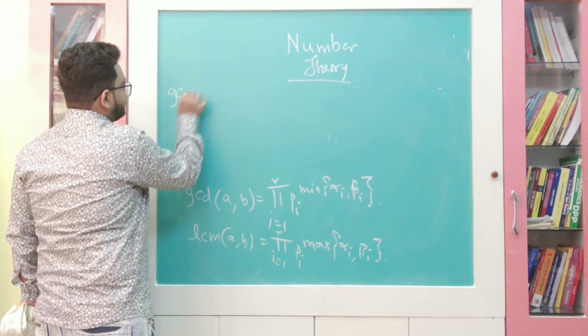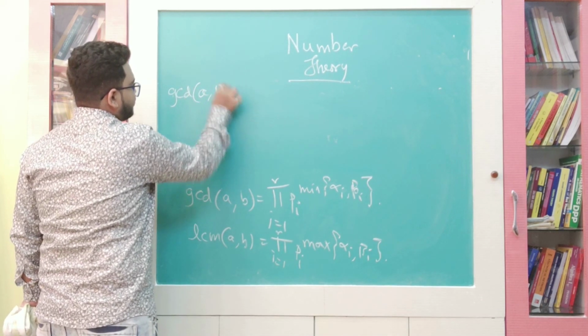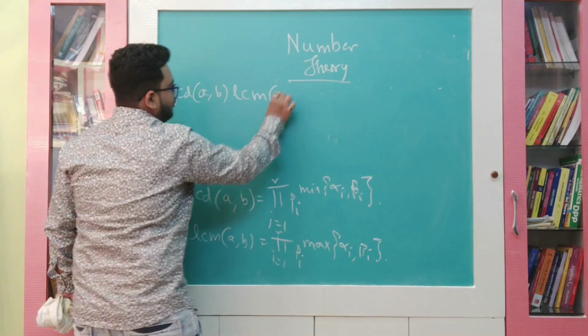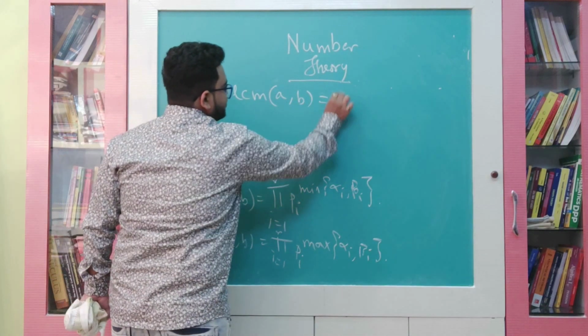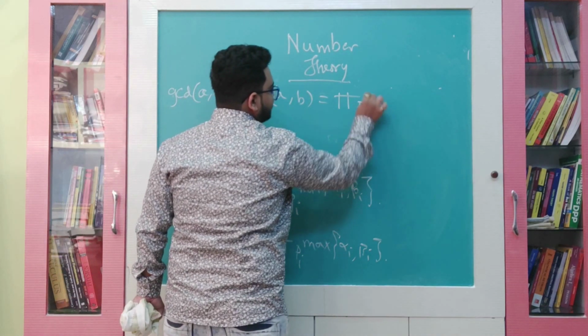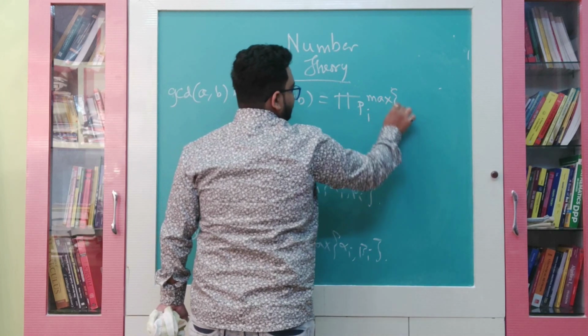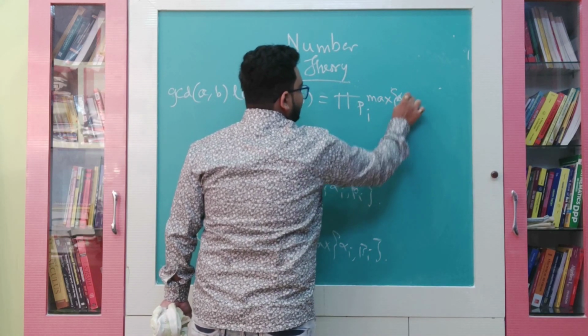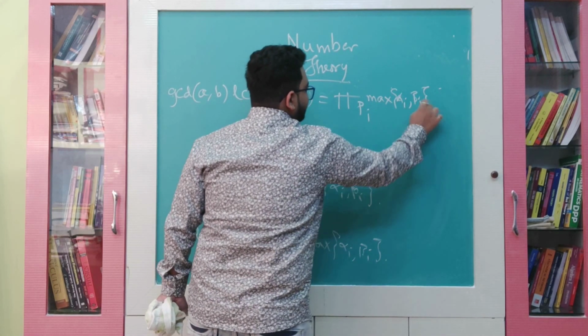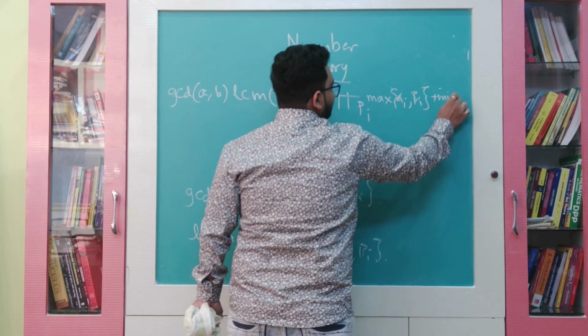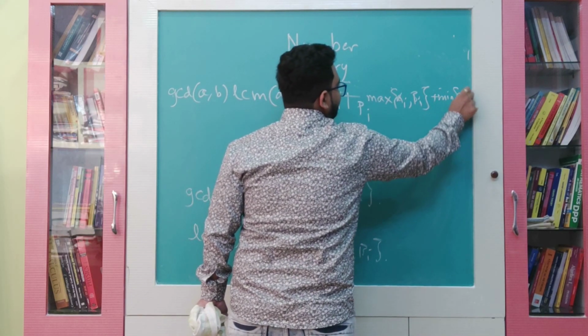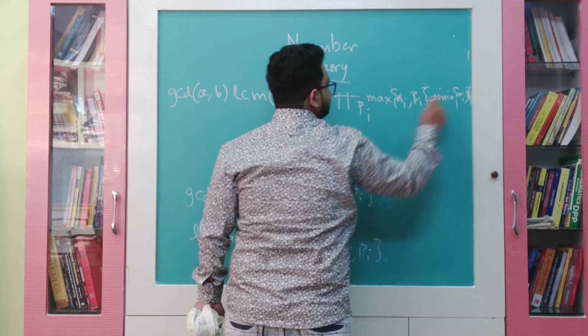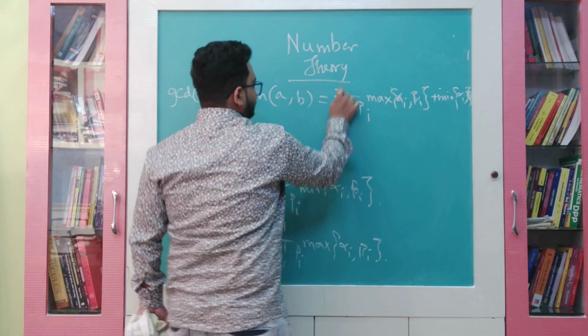So GCD of A and B times LCM of A and B is actually the product over pi of max of alpha i, beta i plus min of alpha i, beta i, with i from 1 to r.